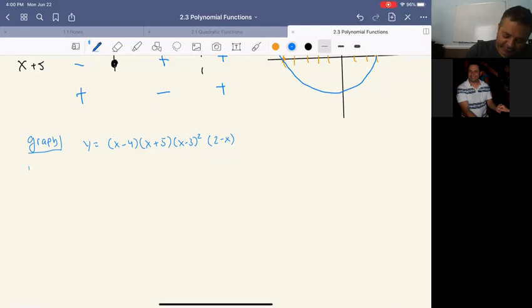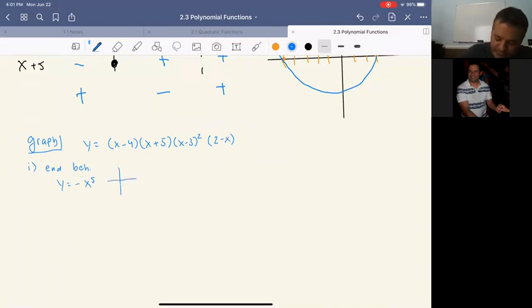Let's start first with the end behavior. We're going to have x, x, x squared, so that's x to the fourth, times minus x, to the fifth. That minus is going to play around with us. So our end behavior is y equals minus x to the fifth.